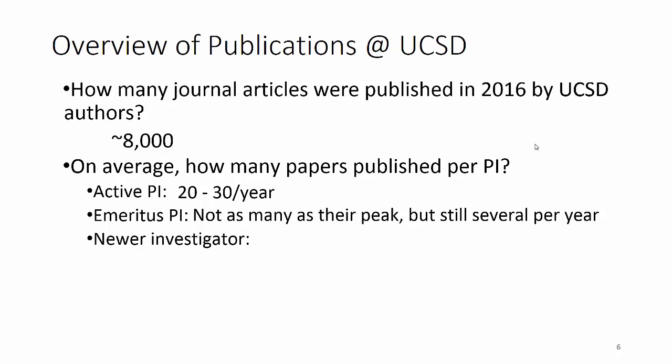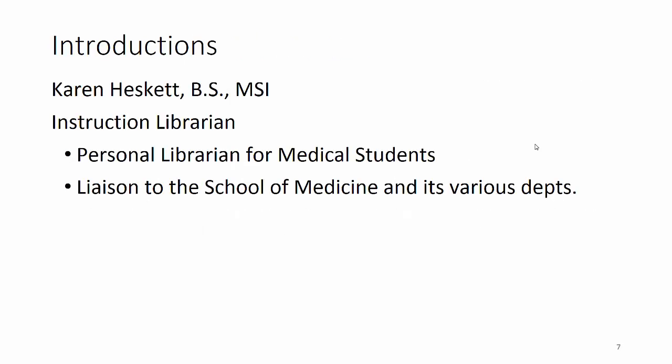Trying to train them to be doing administrative stuff correctly so they don't get into any bad habits. So these folks are doing about 5 to 10 per year. You can see the variance between the active and the newer investigators. We didn't include postdocs or project scientists, so this number could only grow.